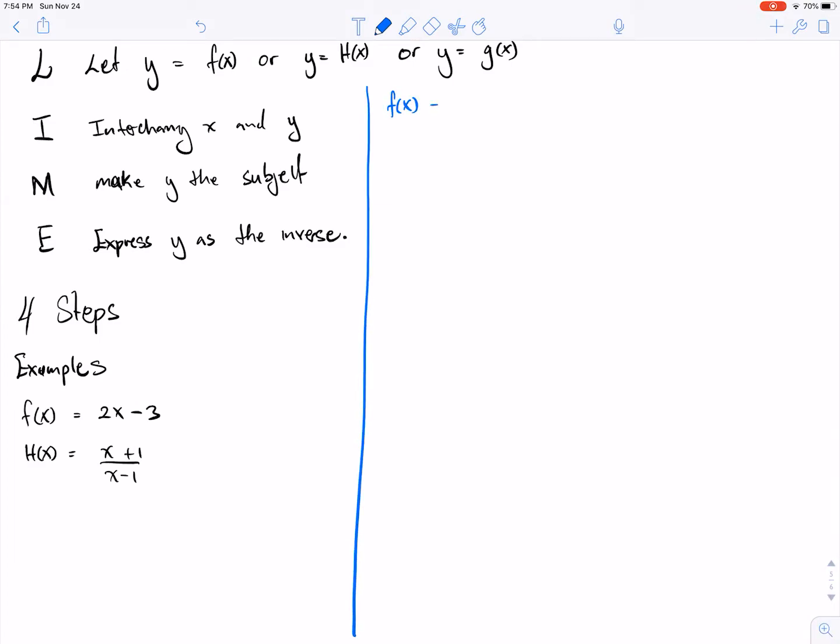So given f of x equals 2x minus 3, we write y equals 2x minus 3, and then we interchange, which means x is now equal to 2y minus 3, and then transposing for y gives x plus 3 equals 2y, and then x plus 3 divided by 2 is equal to y, which means f inverse of x is equal to x plus 3 divided by 2, and that's our last part where we express y as f inverse.